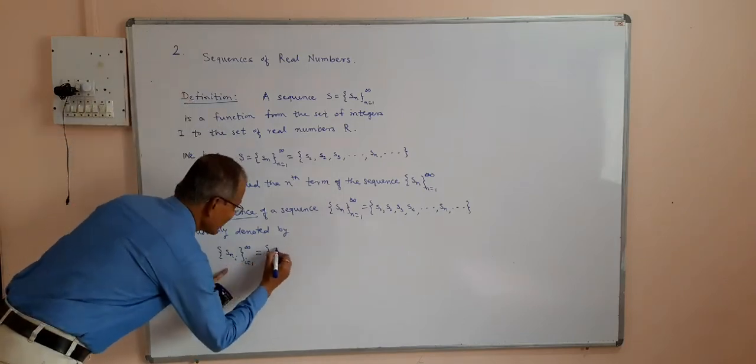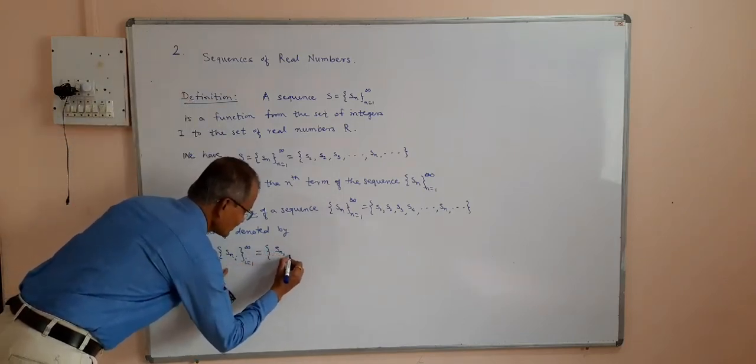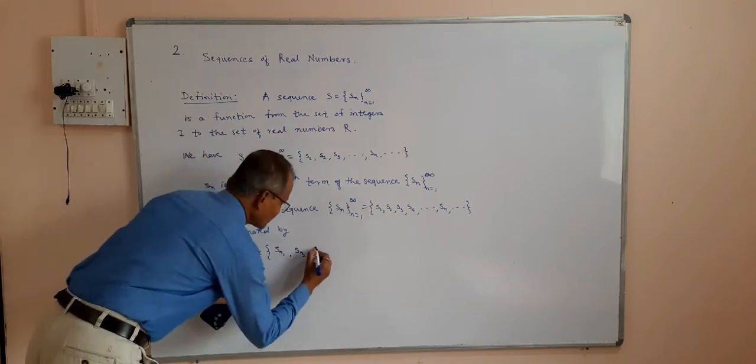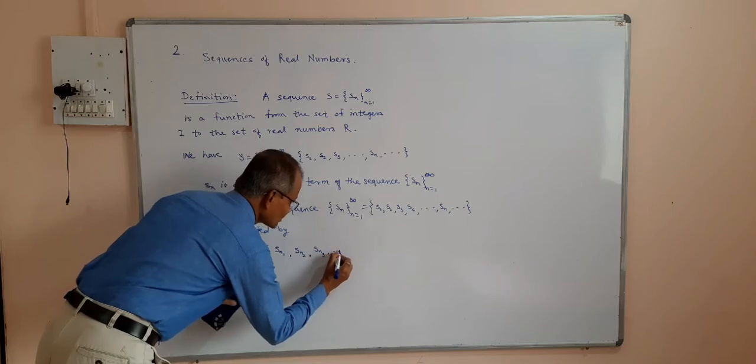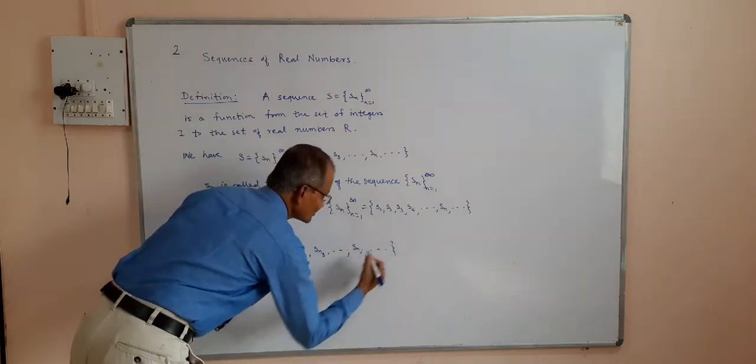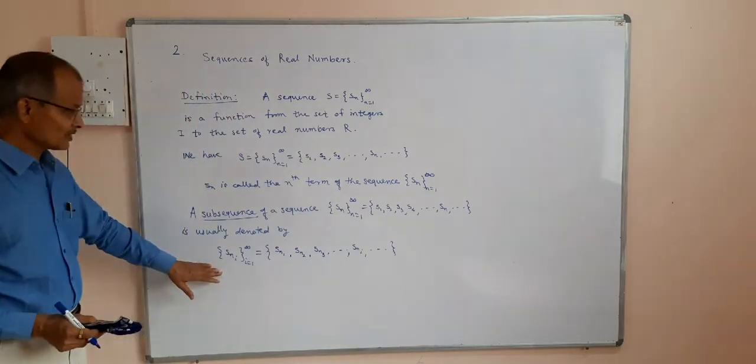So if i is 1, we get Sn1, i is 2, Sn2, then Sn3, and so on. The general term is Sni. Thus this is a subsequence of the original sequence Sn.